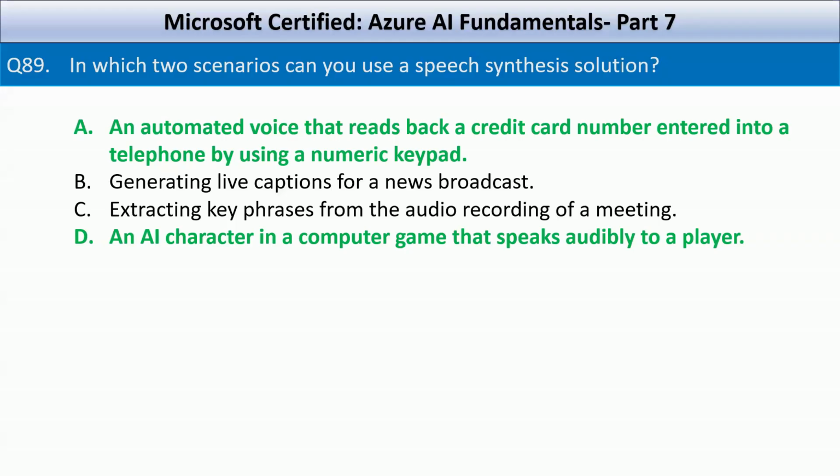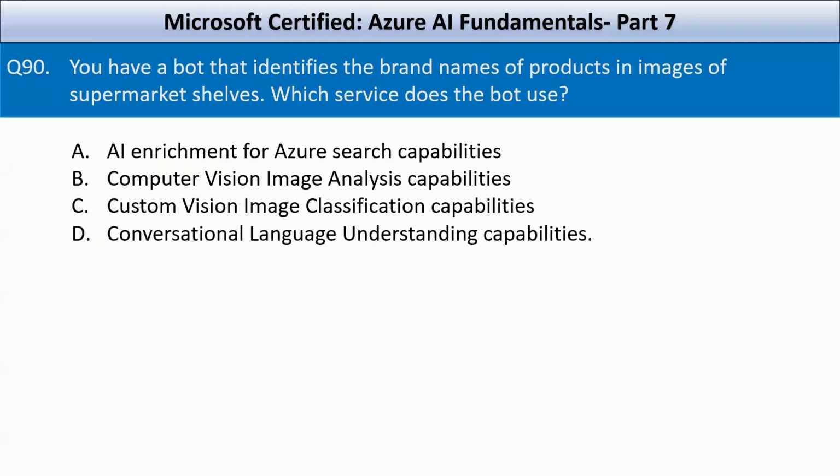Let's look at question number 90 of the series. You have a bot that identifies the brand names of products in images of supermarket shelves. Which service does the bot use? Your options are AI enrichment for Azure search capabilities, computer vision image analysis capabilities, custom vision image classification capabilities, conversational language understanding capabilities.